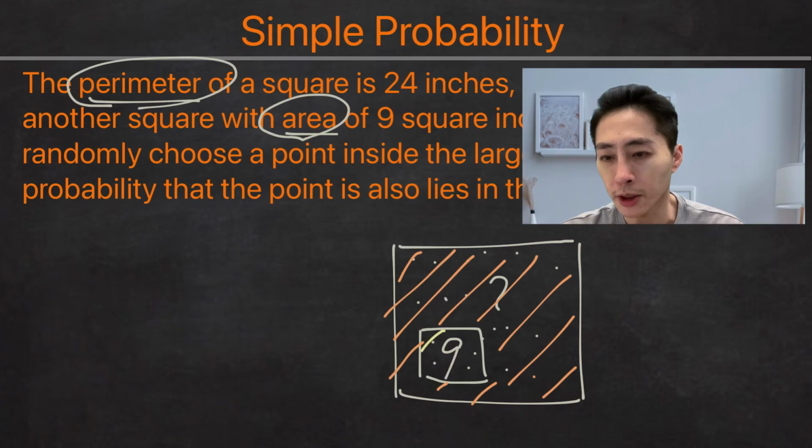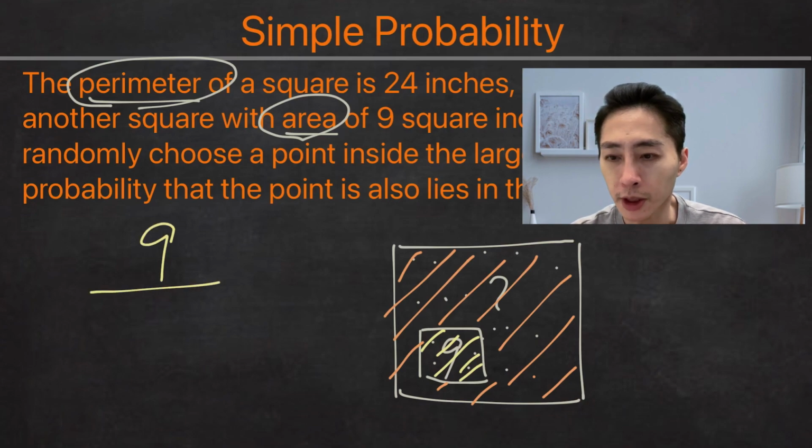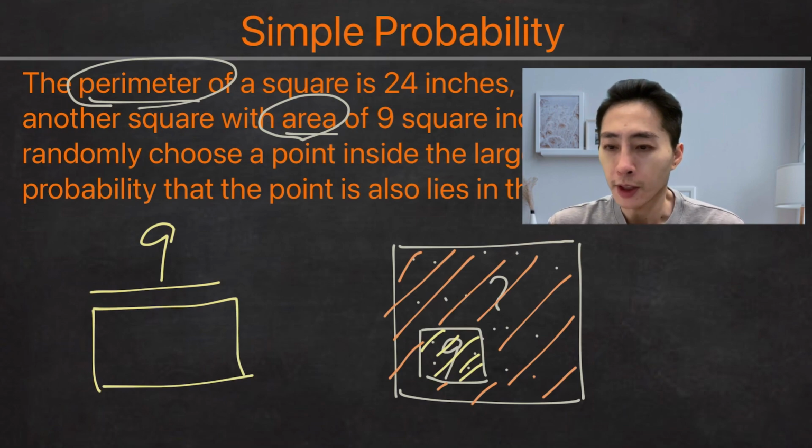Since we already know what's inside the smaller square is 9 square inches, we already know that the probability is gonna be 9 over the area of the larger square. So this would be the larger square, and we don't know the area of that yet, and that's what we're going to try to find out.